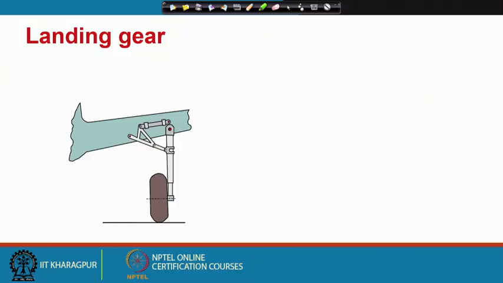Nowadays, nobody will allow you to go to an aircraft and see the wheel mechanism, but you can see it here now. So, this is a schematic of an aircraft landing gear.